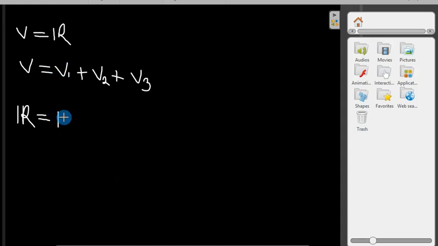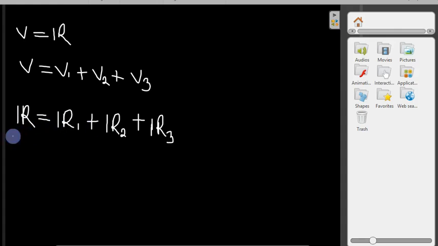Since I doesn't change in series, it stays the same, but R will be different, because that's R1. This represents the potential difference across resistor 1. Then this is added to I R2, as you can see we have maintained I because I is the same. Then this is added to I R3.